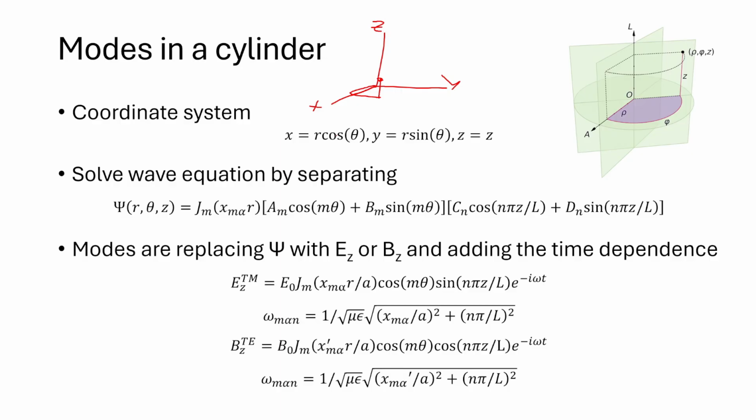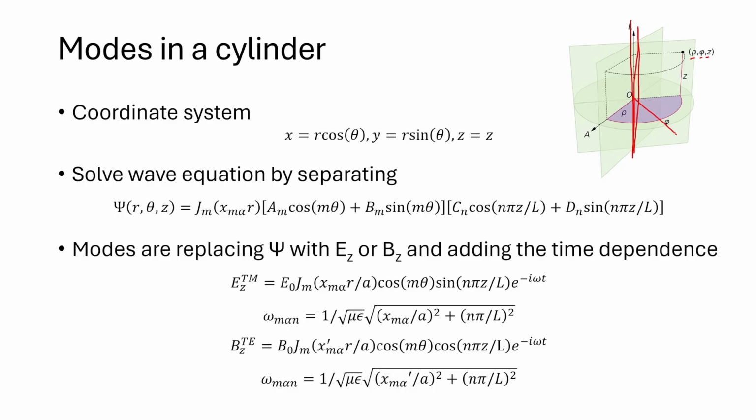The cylindrical coordinate system is different. Conveniently, I have a picture right here. You still have 3 terms because you need to describe 3 dimensions. It's just that there are rho, phi, and z. So z is still going to be this vertical line.